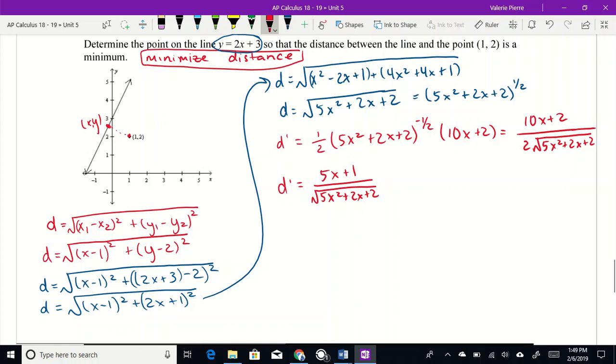Okay, so our job is to get the derivative equal to 0. That happens when the numerator is equal to 0. So we want 5x plus 1 to equal 0. So 5x is equal to negative 1, and x is equal to negative 1/5.